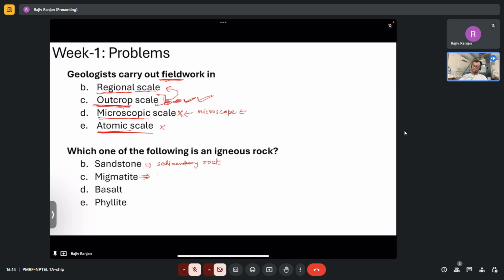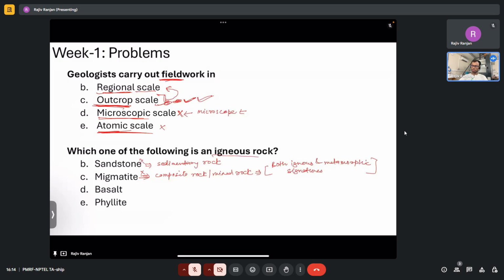Migmatite, we know, is a composite or mixed rock, which has the signatures of both igneous and metamorphic origin. So this is incorrect, this is incorrect.